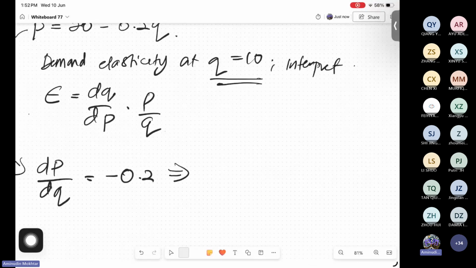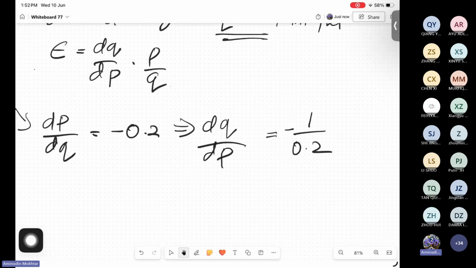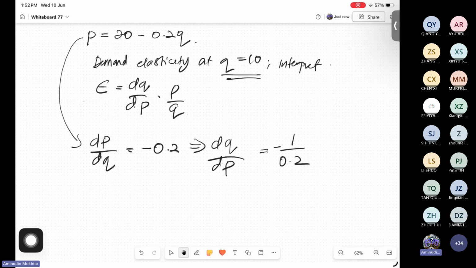Based on this, dQ/dP, by the rule of inverse, equals negative 1 over 0.2. Now we know what dQ/dP is.